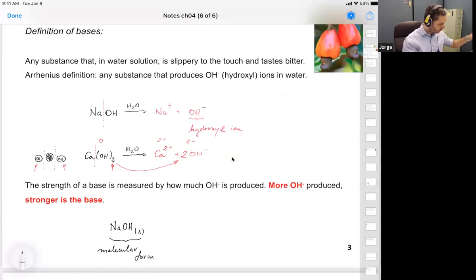Okay, so let's get here. To show you that I'm not lying, so this would be sodium hydroxide at room temperature.